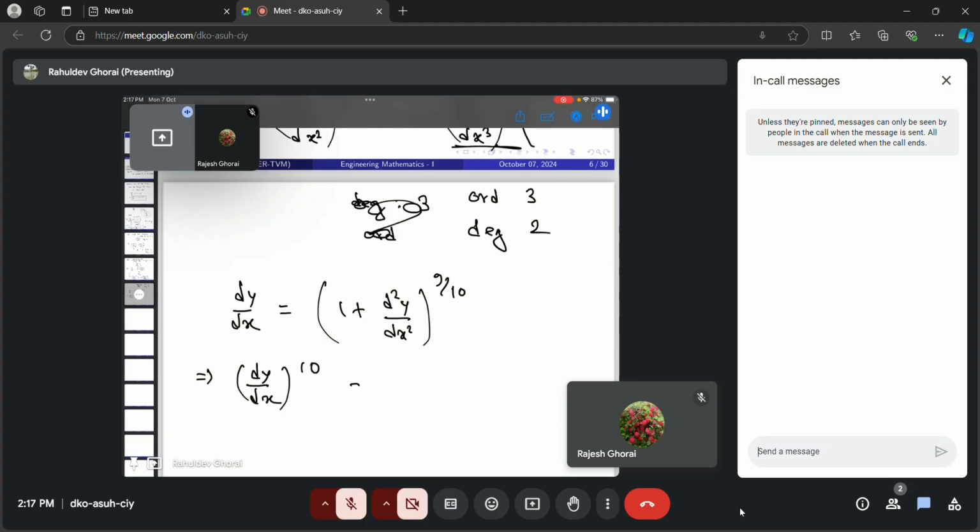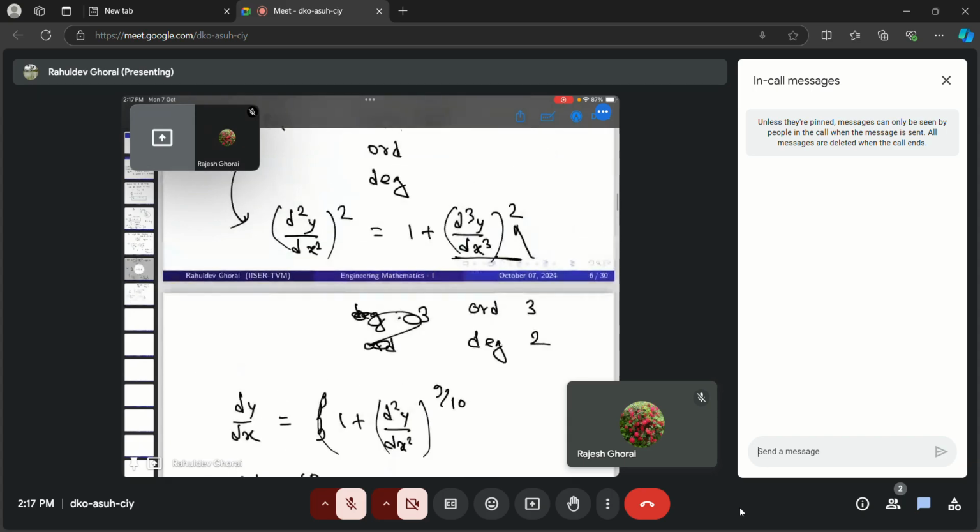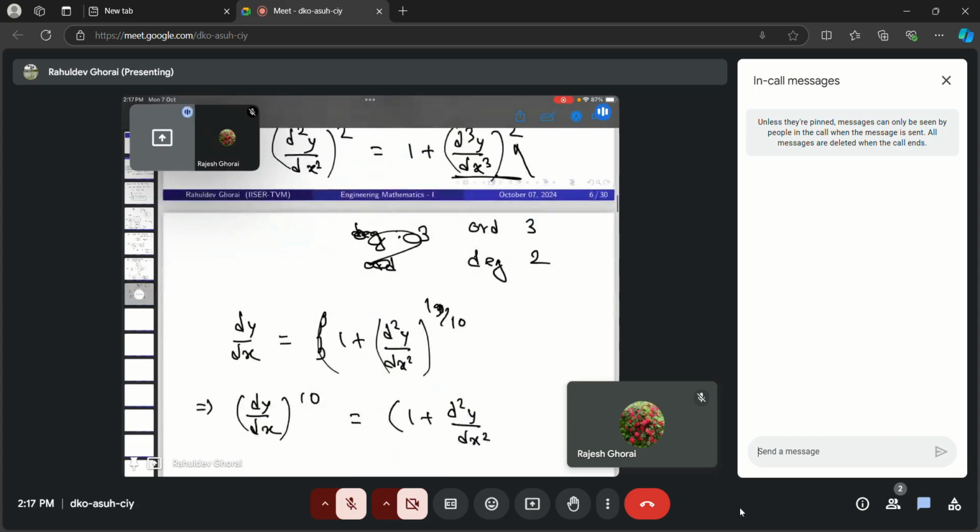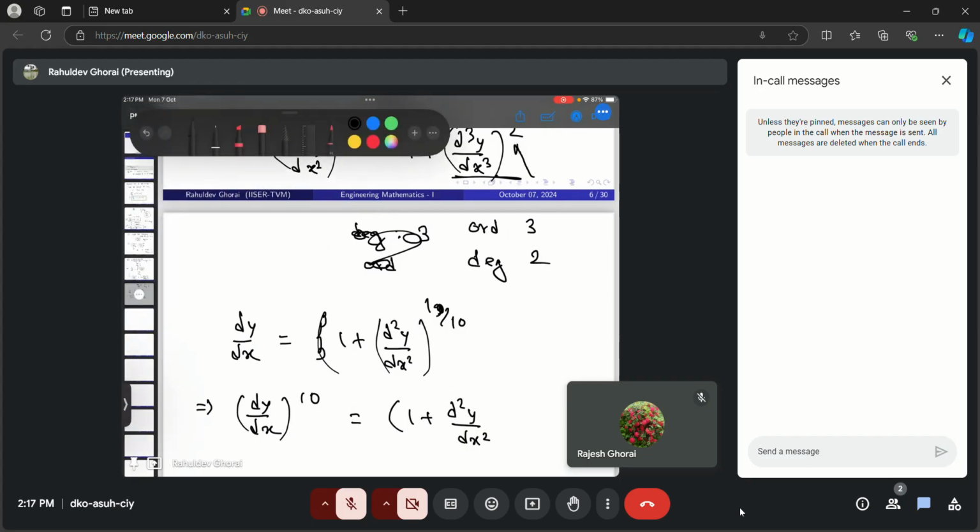If you take it to the power 10, then it will be 1 plus d2y/dx2. Let me write it properly. Otherwise you have to do it a little differently, so I'm giving it in a way you can understand, and it will be a little easier.